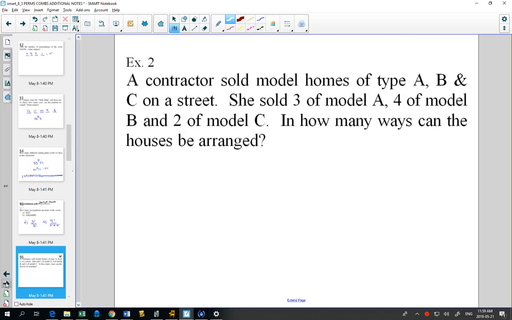A contractor sold model homes of type A, B, and C: 3 of model A, 4 of model B, and 2 of model C. So here, do we recognize that it has identical objects in the question? Yes.